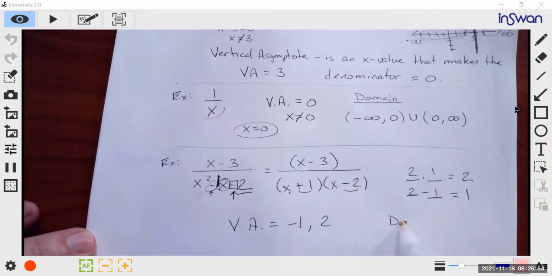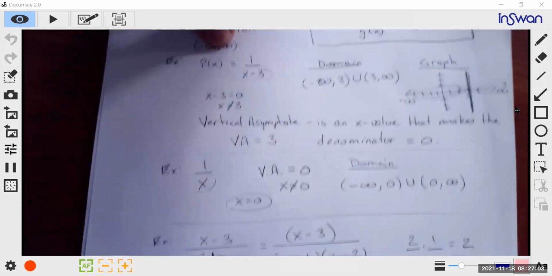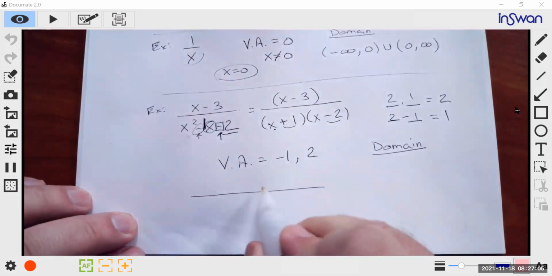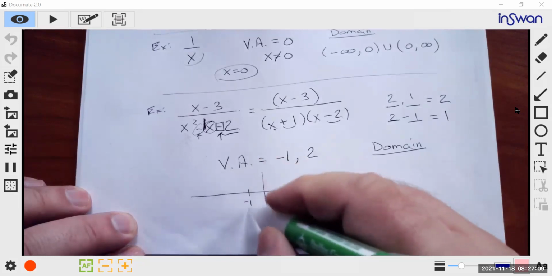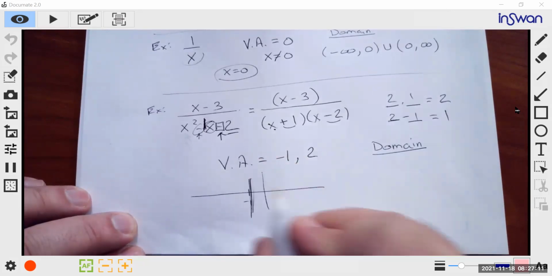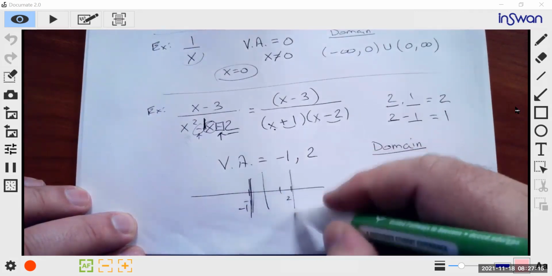So my domain then, if you look at the graph, I have a vertical asymptote at -1, and at 2, I have a vertical asymptote.